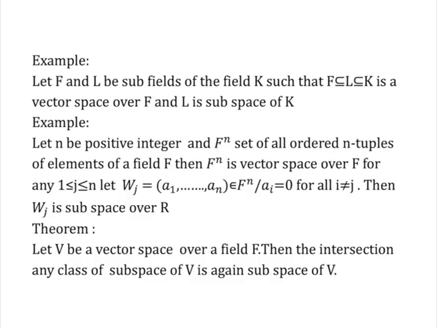Theorem: let V be a vector space over a field F. Then the intersection of any class of subspaces of V is again a subspace of V. So let W alpha, where alpha belongs to delta, be a class of subspaces of V, and W equal to the intersection.